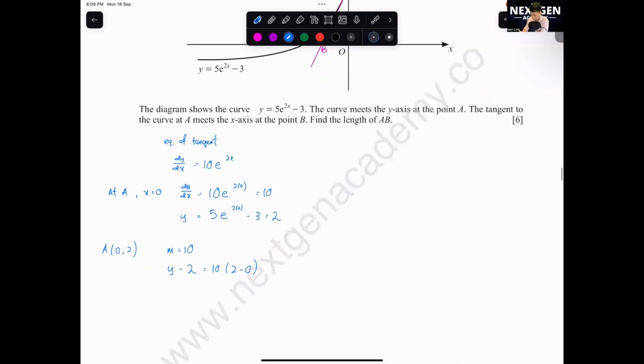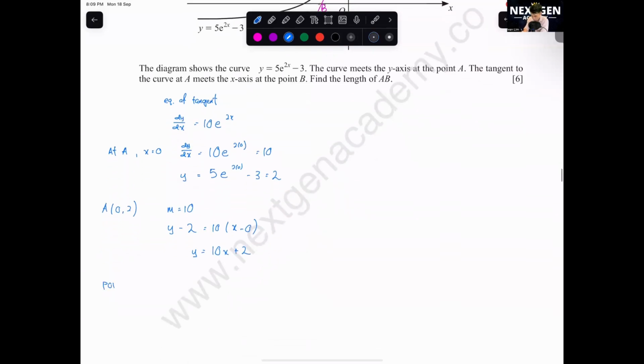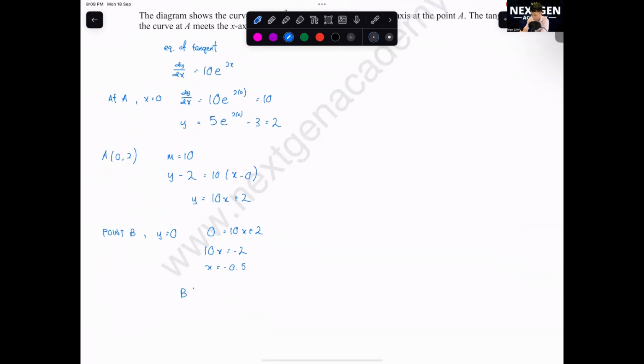Rearrange it, and you get y equals 10x plus 2. So how to find point B? Point B is on the x-axis, so my y equals 0. So 0 equals 10x plus 2, 10x equals negative 2, x equals negative 0.2. So your point B is (negative 0.2, 0).